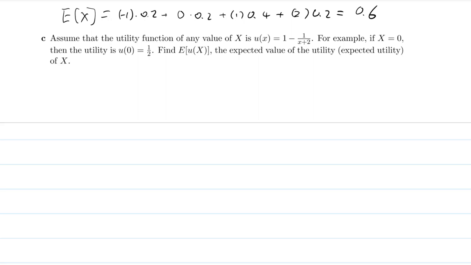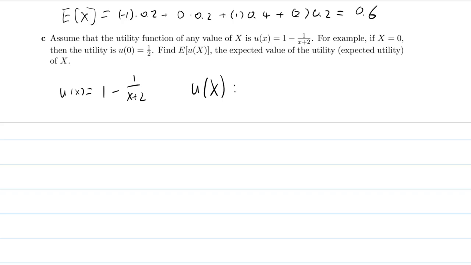The last part is to find the expected value of the utility. We just need to put the utility function over there. Our utility function is 1 minus 1 over x plus 2, right? If we apply this utility function to the random variable x, we have the following.